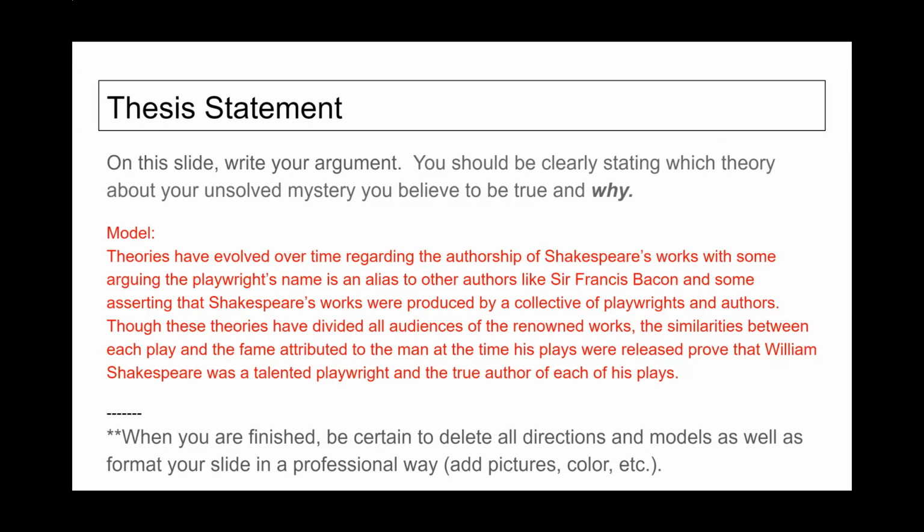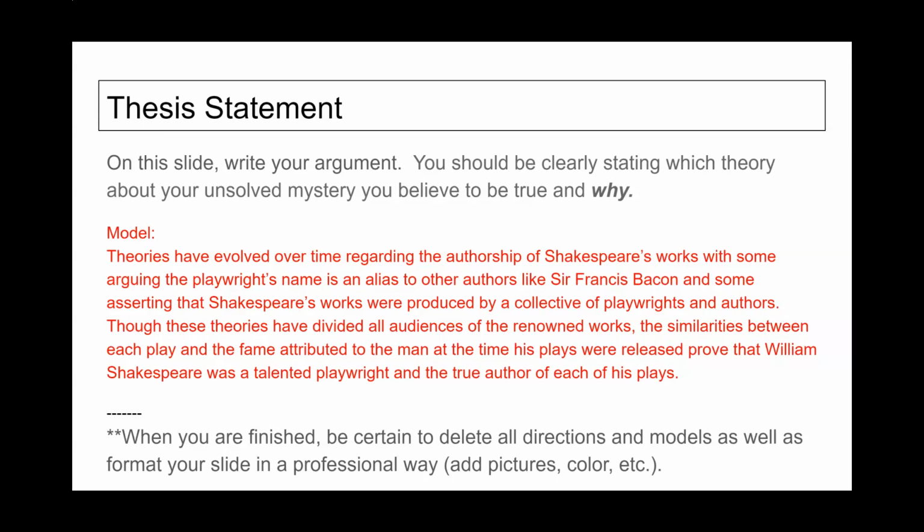So the thesis statement for this sample: theories have evolved over time regarding the authorship of Shakespeare's works, with some arguing the playwright's name is an alias to other authors like Sir Francis Bacon, and some asserting that Shakespeare's works were produced by a collective of playwrights and authors.